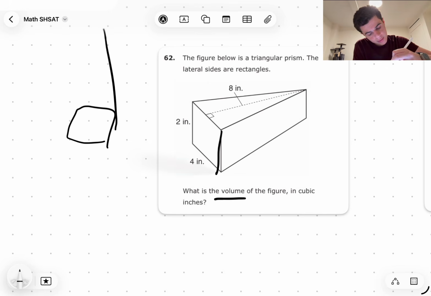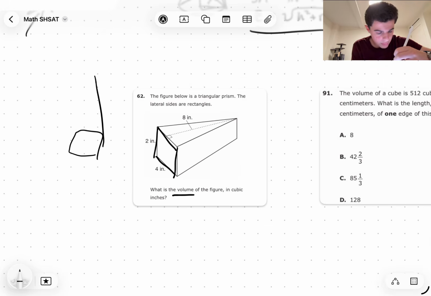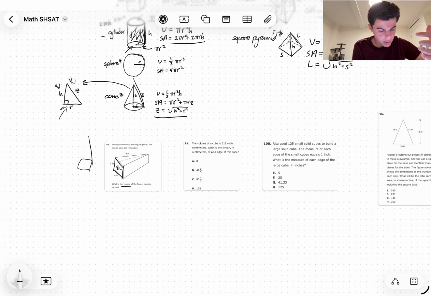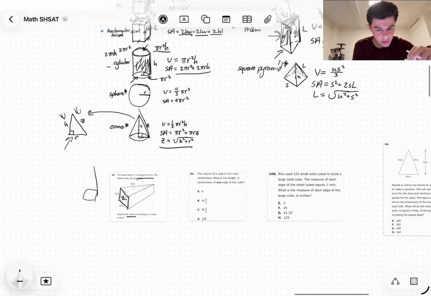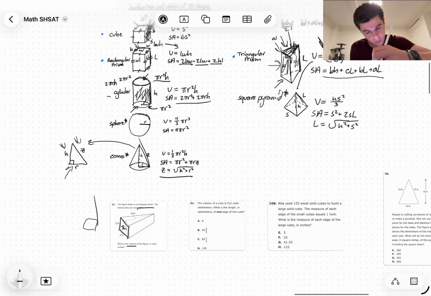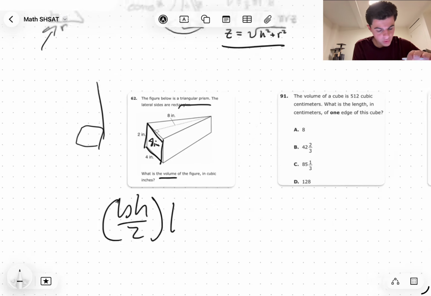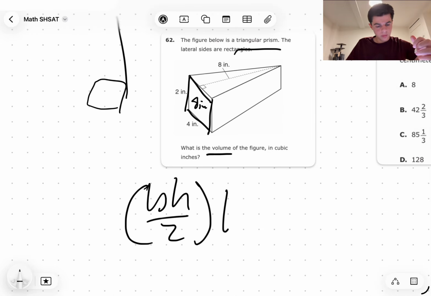Okay, let's just do this. So here we're going to calculate the area of the base, right? Well, that's going to be 2 times 4, so that's 8 inches, right? And let's just recall what our formula for the triangular prism is. Our volume, right, is going to be BH over 2 times L. So we know that this right here is 4, right?